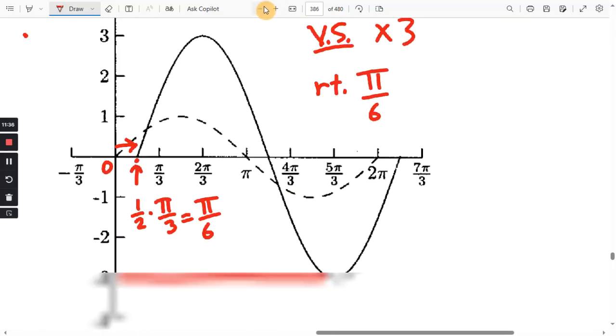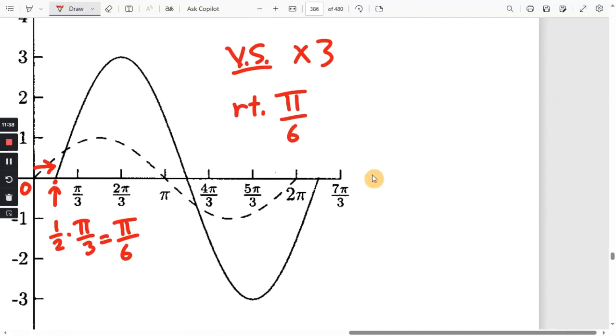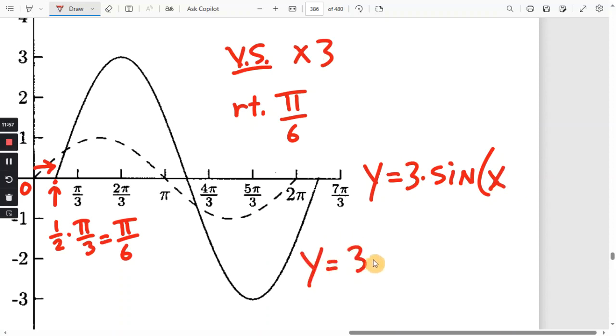All right, so as always, you start with your original sine function, y equals sine of x. It's times 3 because it's a vertical stretch of 3, and it goes right by pi over 6. That means, let me rewrite, y equals 3 times sine of x.